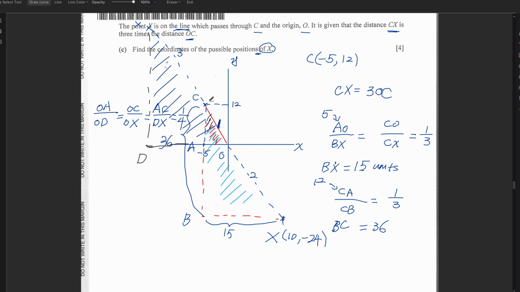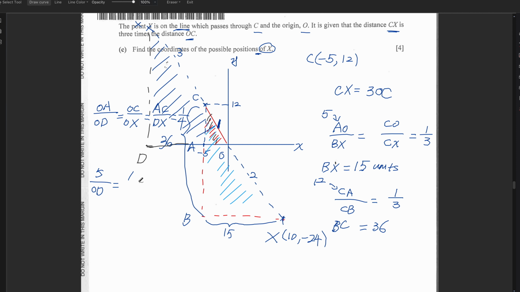It's not 1 over 3 anymore because your CX is an extension of your OC. So we don't need OC, we probably just need AC.